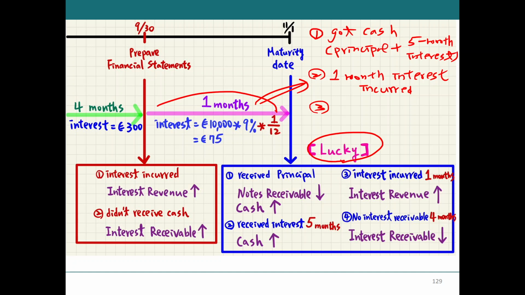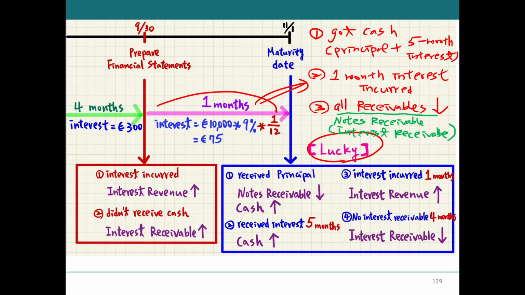So all the receivables should be decreased. All receivables means you have to go back to look at your notes receivable and interest receivable.